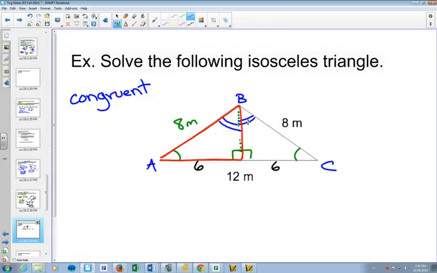So which angle do you want to find first? Angle A. With the red triangle I've drawn, angle A is the only one you can find directly first, right? So if I'm finding angle A, where's the hypotenuse? The 8 is the hypotenuse.